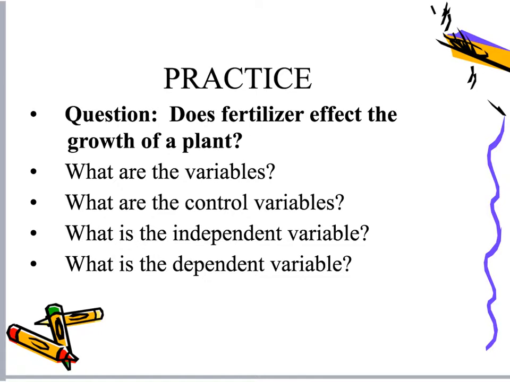What are the independent variables, that one thing that you as the scientist are going to change in order to ask the question, does fertilizer affect the growth of the plant? And then you're looking at the actual dependent variable. What are we measuring? What are we observing? What are we trying to actually figure out in the actual experiment itself?